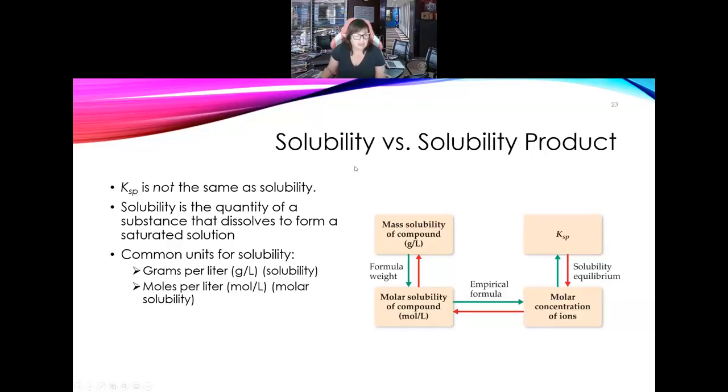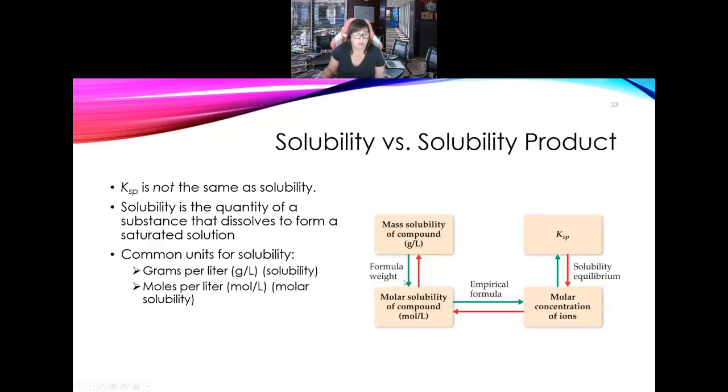Now Ksp, the solubility product constant, is not the same as solubility. When we talk about solubility, we're not talking about the solubility product. Ksp is a solubility product. It can determine the molar concentration of those ions. Using the empirical formula, I can then determine the molar solubility of a compound.